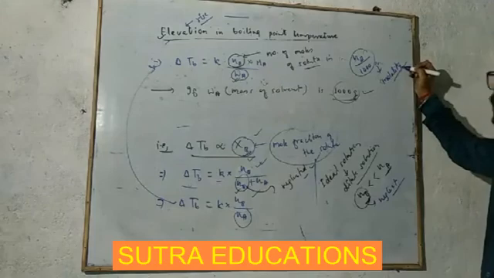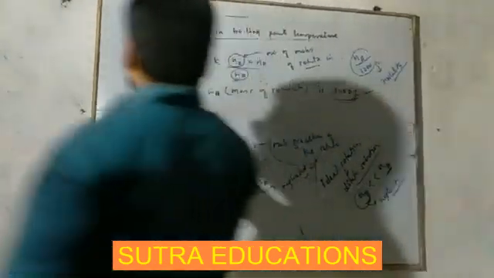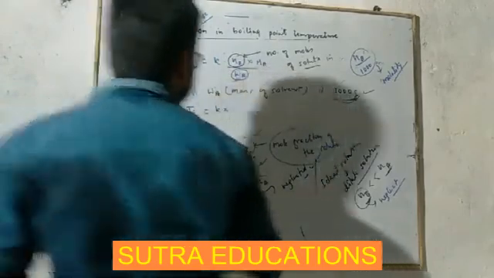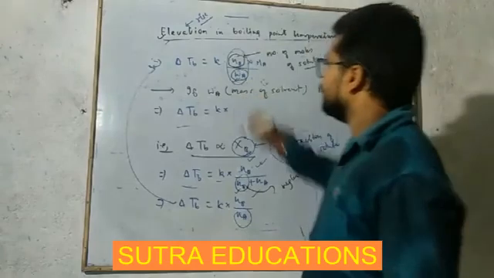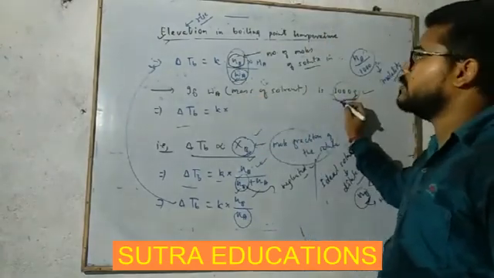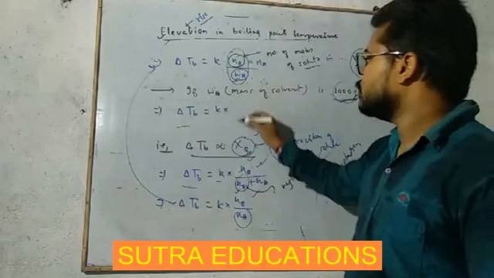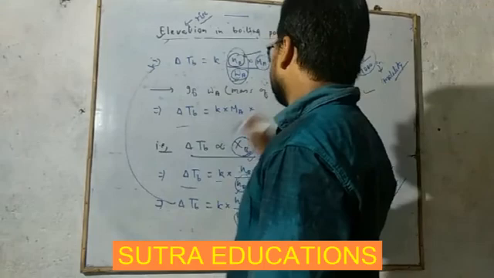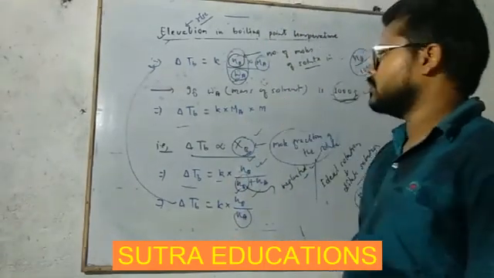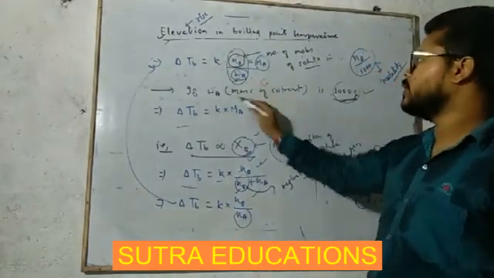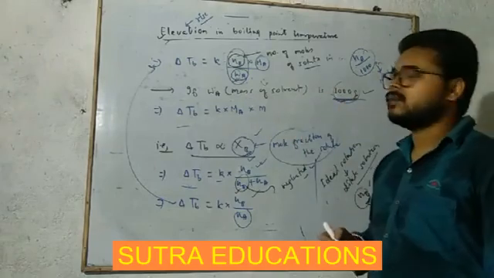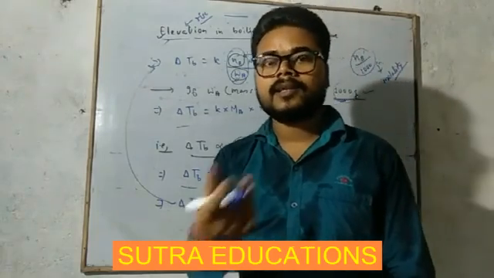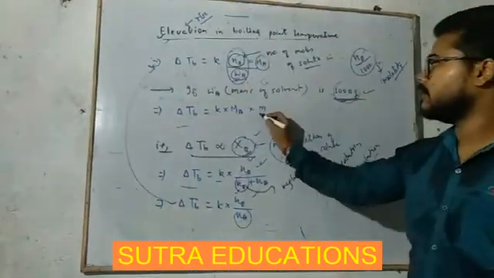Getting this now? So delta Tb is equal to K into Nb upon Wa into Ma. When Wa is 1000 gram, it becomes molality, small m. If Wa is 1 kg or 1000 gram, the number of moles of solute dissolved in 1 kg of the solvent is the molality, so we write small m.